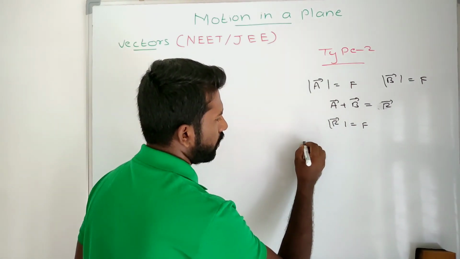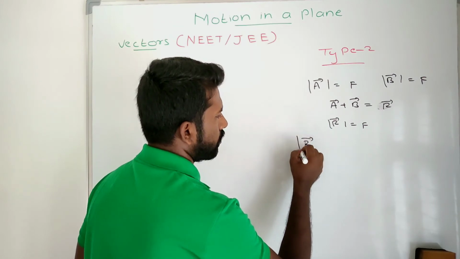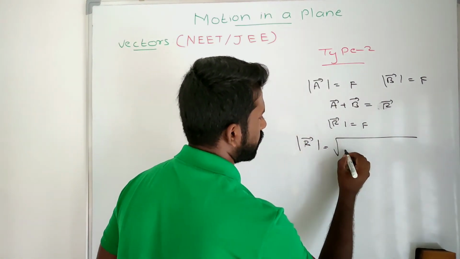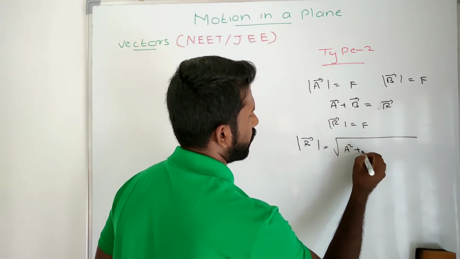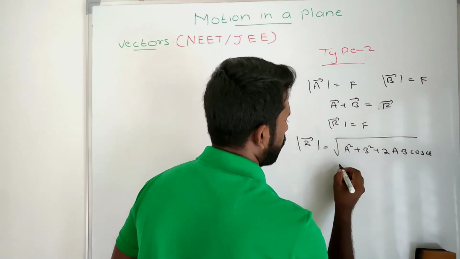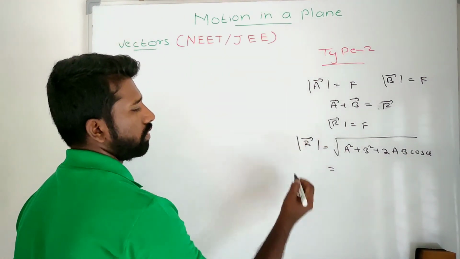Okay. So based on the vector addition rule, the magnitude of the resultant is equal to square root of A square plus B square plus 2AB cos theta. Here A and B are the magnitudes of the vectors.